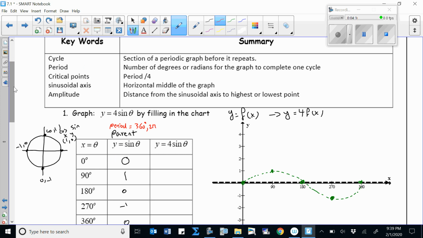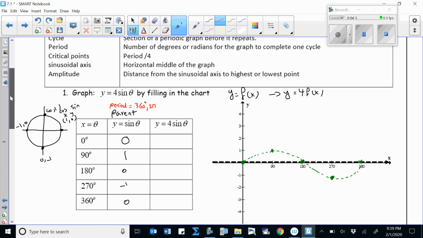Critical points. First of all, let's see what are critical points. Critical points on this function are this one, 0, 90, 180, 270, and 360. Why do we call them critical points? Because critical changes are happening to our function at these points. For example, here the function was increasing, and right after this point it's decreasing.